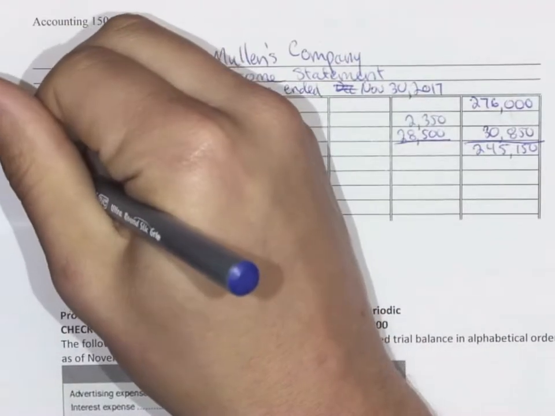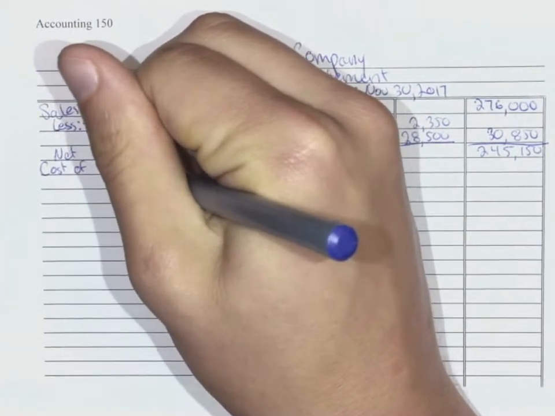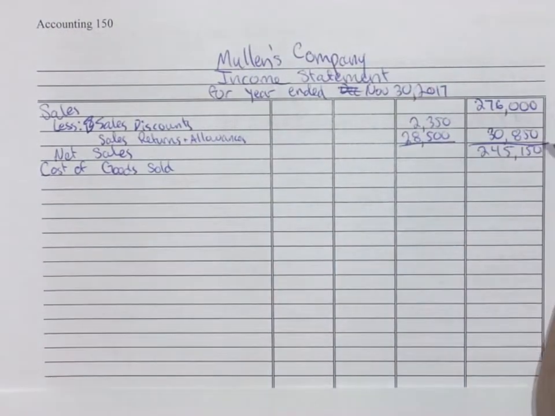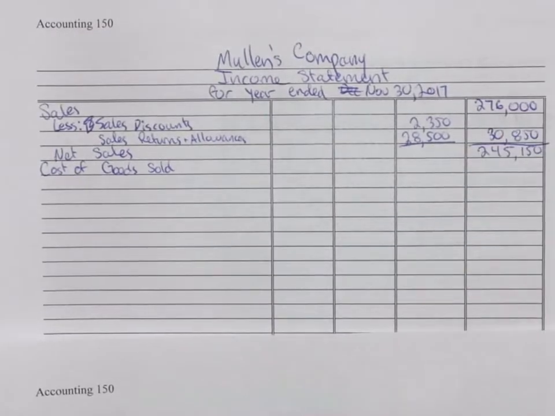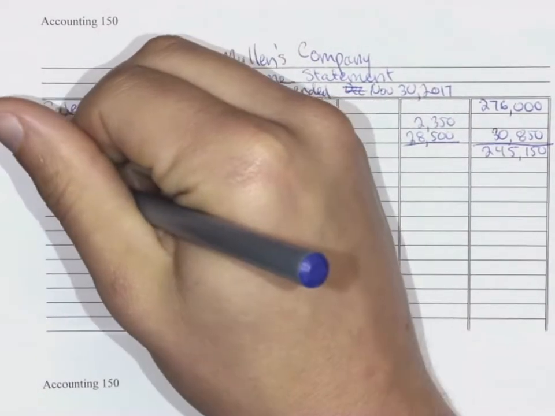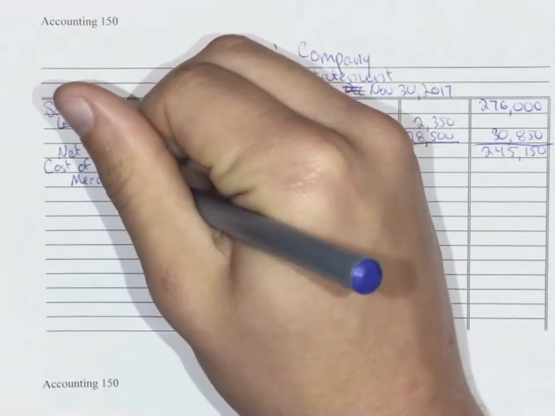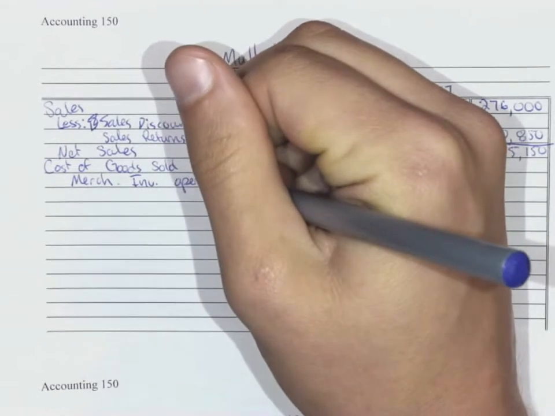We then need to determine our cost of goods sold. And that starts with our merchandise inventory opening balance.